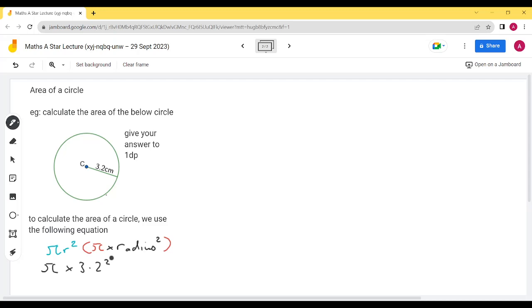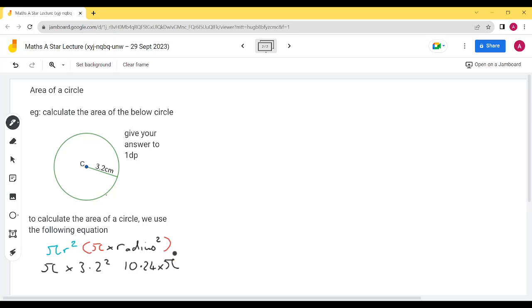But if you're thinking in terms of BODMAS or BIDMAS, the indices or the orders, whatever you want to call it, comes before multiplication. So you can do 3.2 squared, or 3.2 times 3.2 first, which would give you 10.24. And then you can do 10.24 times pi, or just type it all in together on your calculator.